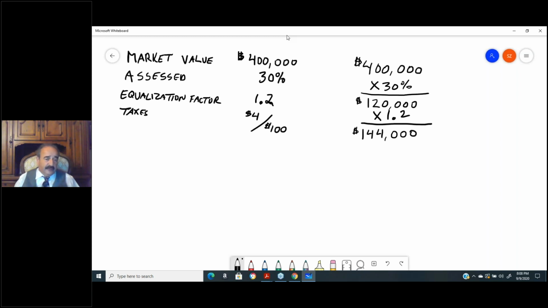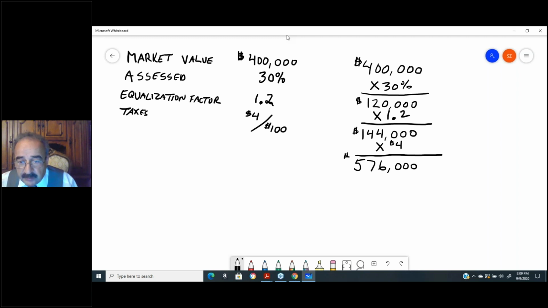It could be $3.50 per 100. It could be $6 per 100. In this case, it's $4 per 100. Now I take 144,000 and multiply it by $4. There are other ways of doing this, but I'm showing you the easiest way, which will give me $576,000. Now I have to divide this by $100.